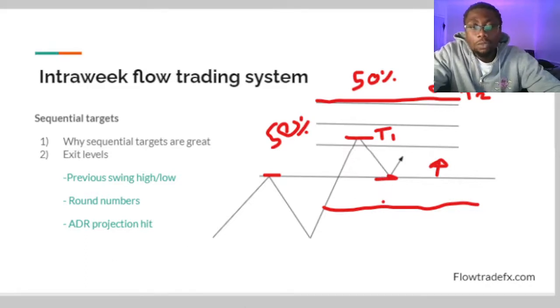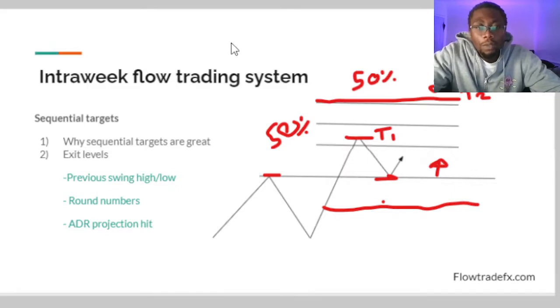So that pretty much wraps it up for this specific video on sequential targets. I really do hope that was helpful. This is just how we're going to be going through every single trade now.